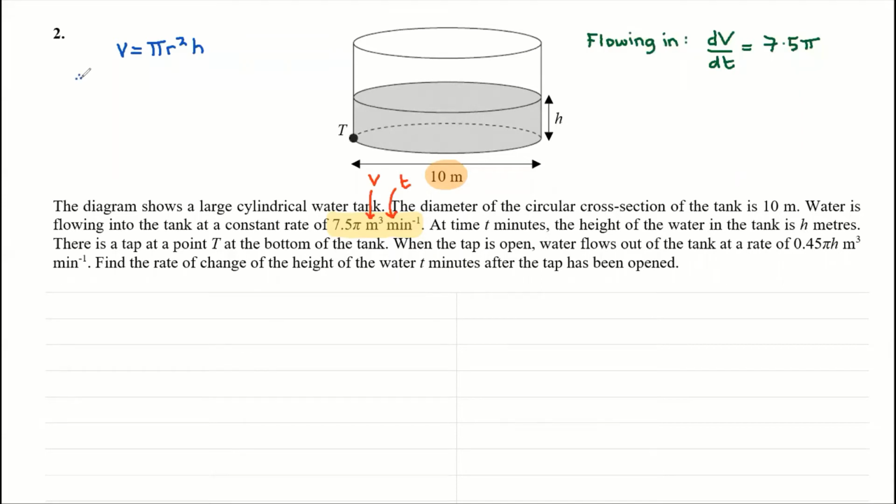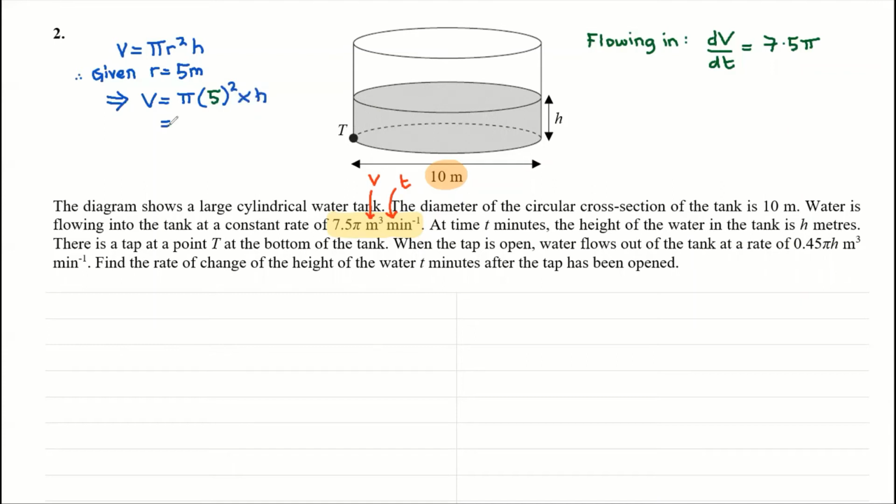So, therefore, given that R equals 5 meters, okay, we can now say that V is going to be pi multiplied by 5 squared. So just sub that in. Okay, multiplied by h.